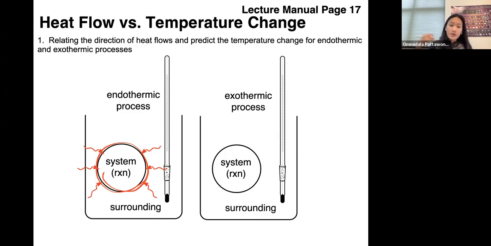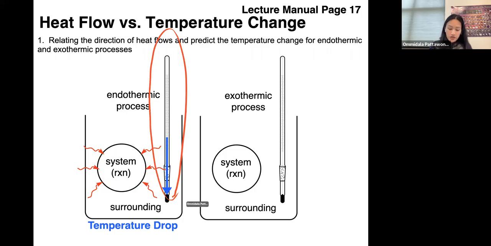If the system is absorbing heat, what would you expect the temperature change of the thermometer to be? Well, obviously it's going to drop, because the thermometer that we use is actually measuring the surroundings. Because the surroundings are losing heat, the temperature of the surroundings would drop. Therefore, you are going to see the reading on the thermometer decrease.